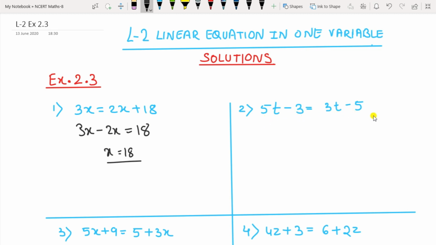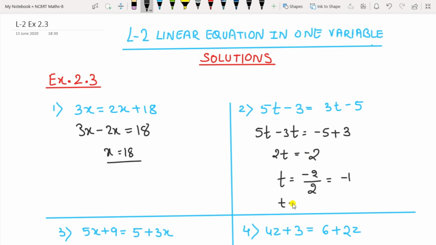So 5t minus 3t equal to, since it is minus 5 here, so write minus 5, and minus 3 will go to the other side, it will become plus 3. 5t minus 3t is 2t equal to minus 5 minus 3, which is 8... so t equal to minus 2 by 2, it gives minus 1. So t equal to minus 1, this is the answer.